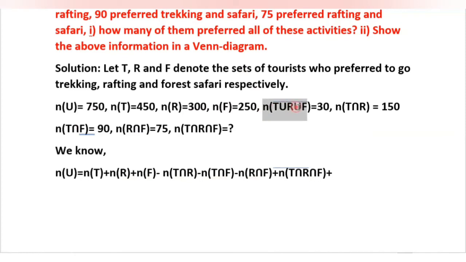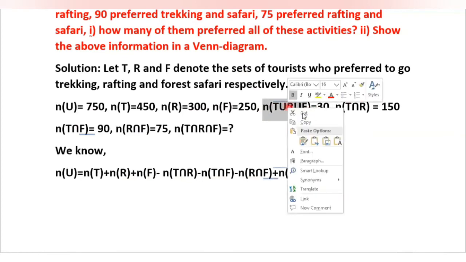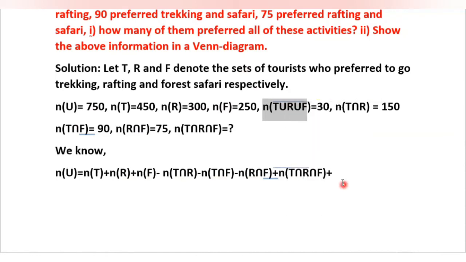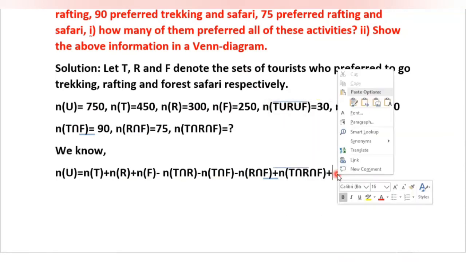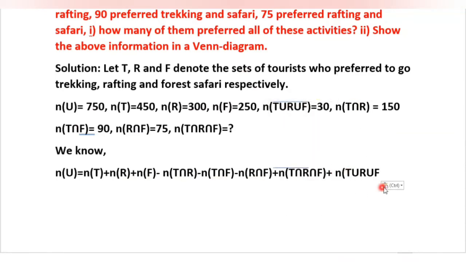This much only we need to copy and paste here. It's an easy way to write the formula.